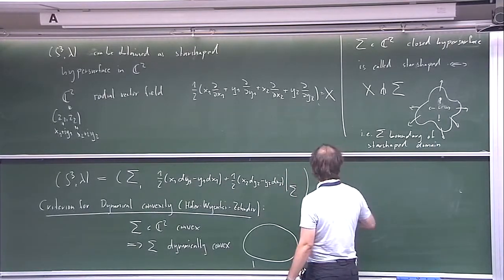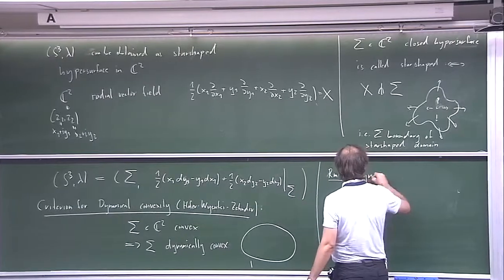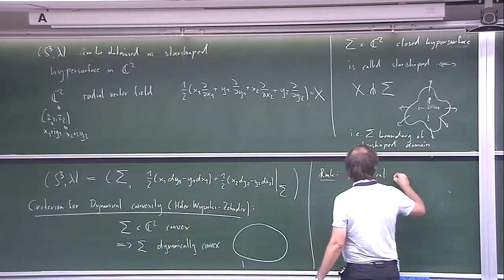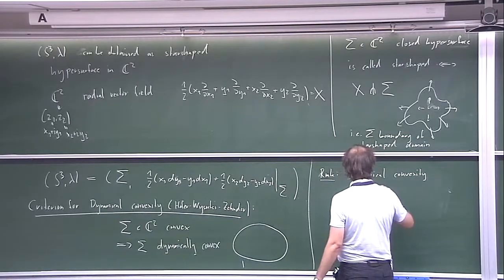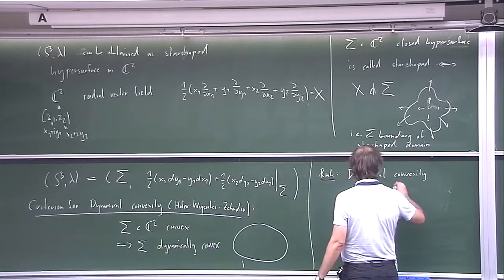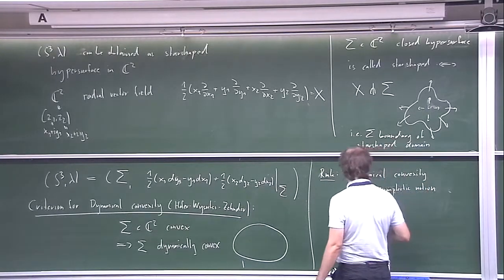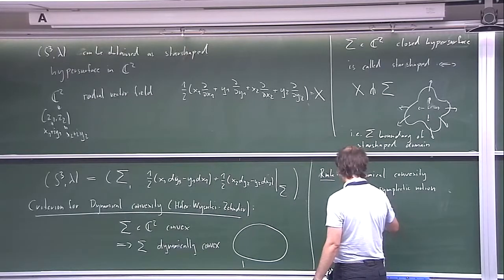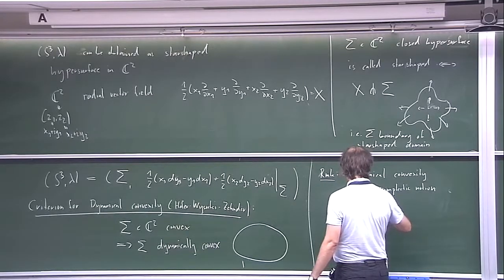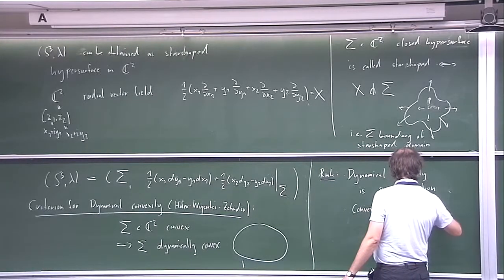So, as a remark, dynamical convexity is a symplectic notion, whereas convexity depends on the embedding.